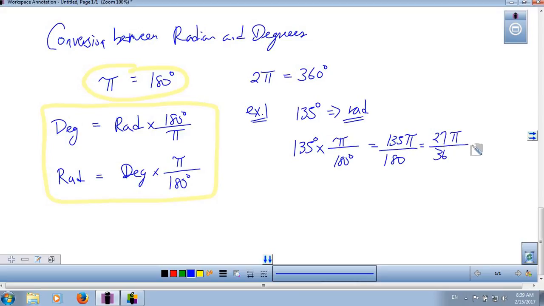So 27 over 36, and you can see that they have a common factor of 9. So you reduce it by 9: 27 divided by 9 is 3, and 36 divided by 9 is 4. So the final answer would be 3 pi over 4.